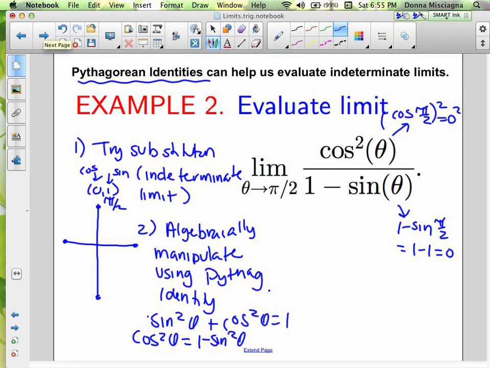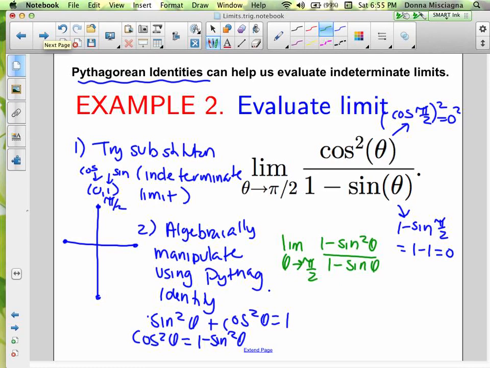Let's replace cosine squared theta with 1 minus sine squared theta. Maybe that will work. I'm going to switch colors because I need to write smaller. All right, so we have the limit as theta approaches pi halves. So now we're going to replace cosine squared theta with 1 minus sine squared theta over 1 minus sine theta.